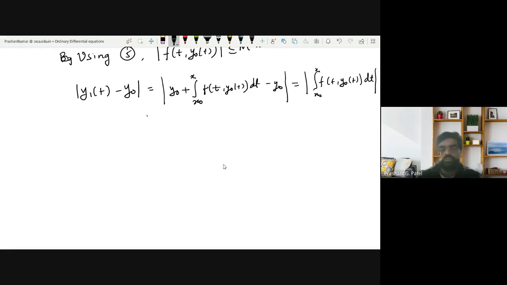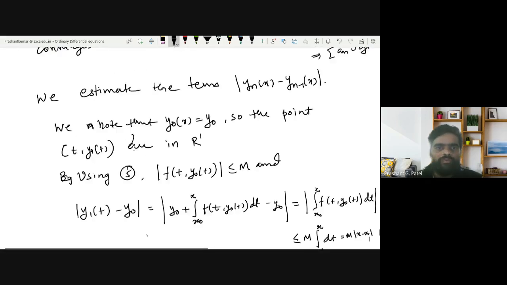And this will be less than or equal to M times integration from x0 to x of dt, which is equal to M times mod of x minus x0.